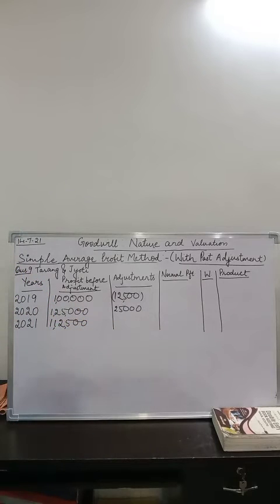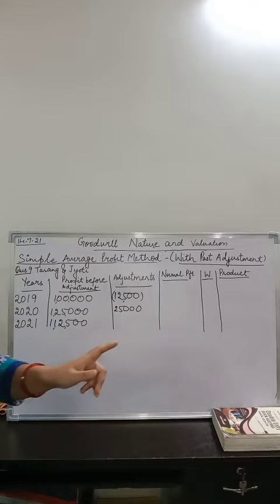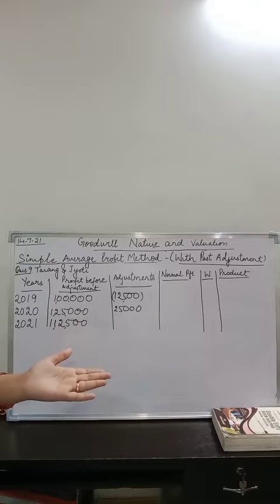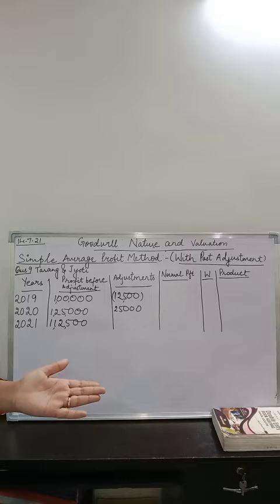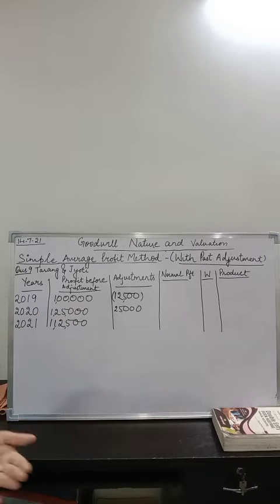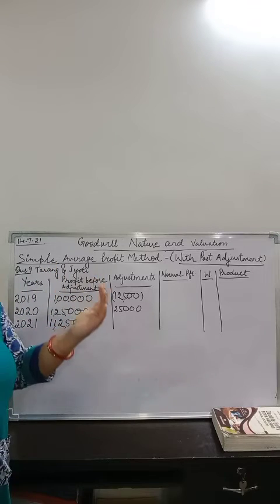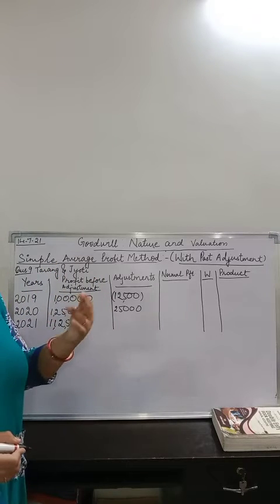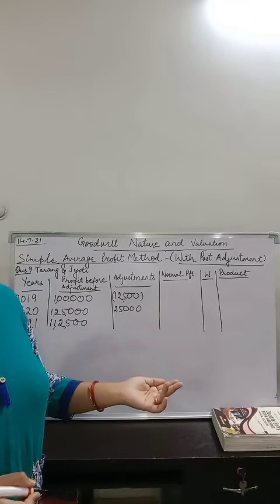The third one says the rupees 1,12,500 excludes 12,500 as an insurance premium on the firm's property now to be insured. Now when this amount is to be insured, you are supposed to pay for the insurance premium.